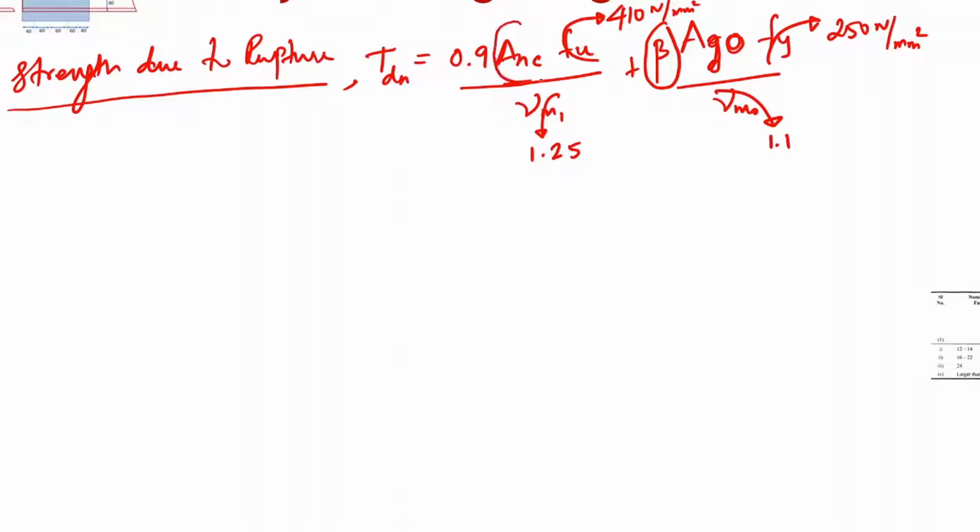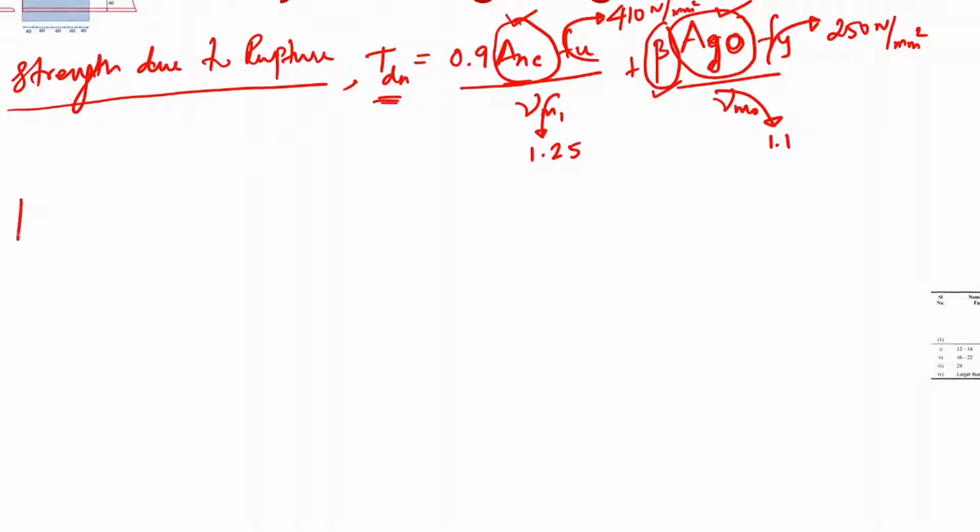Anc is the net area of the connected leg and Ago is the outstanding leg's gross area. So we need to know three values: Anc, Ago and beta. If you know that, then you can calculate the strength of the tension member due to rupture.